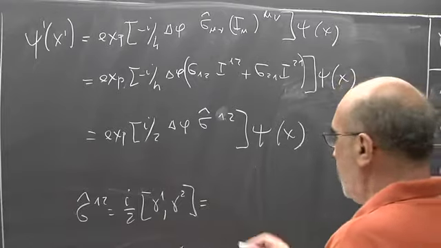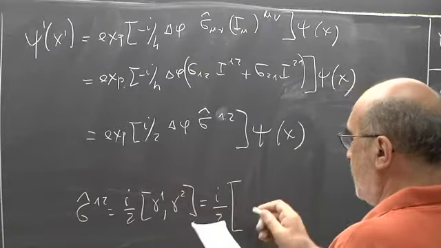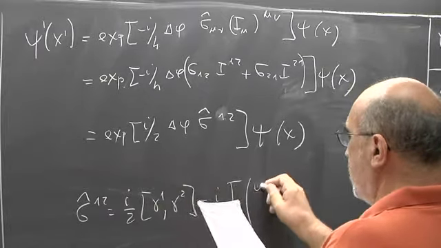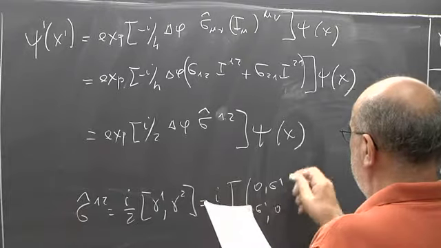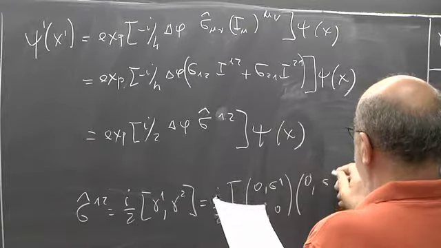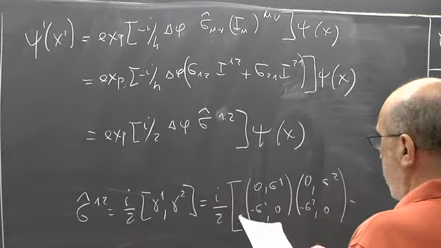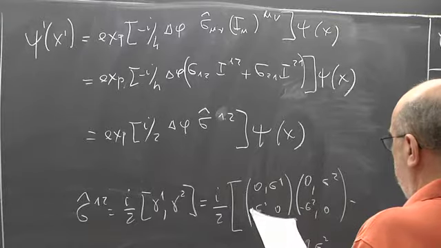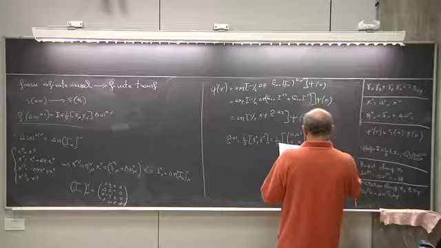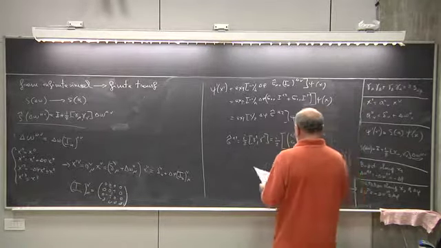We know what γ^1 and γ^2 are, so I have to do the commutator. The γ^1 has 0, the Pauli matrix σ_1, then σ_1 with minus, 0 in the other corner, and γ^2 has 0, σ_2, minus σ_2, 0.